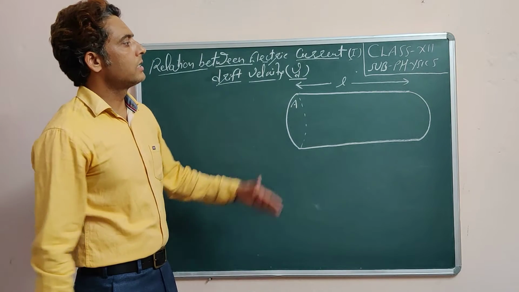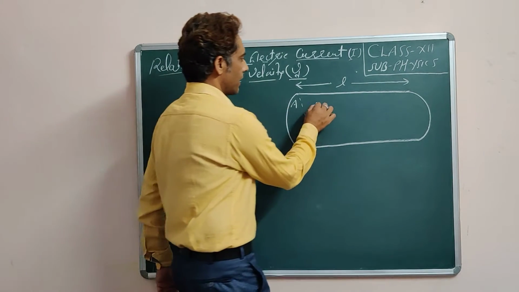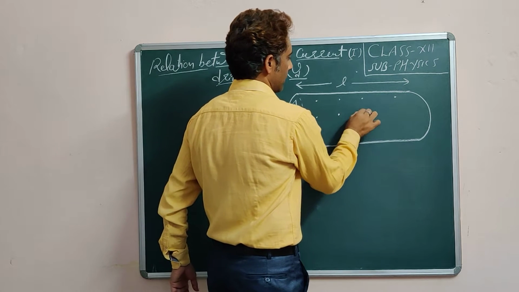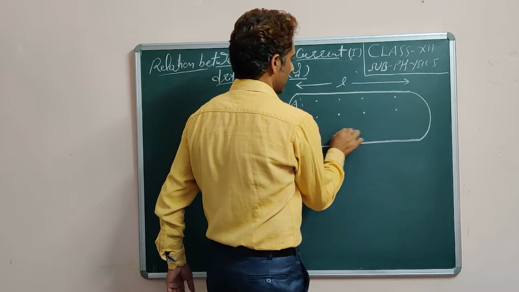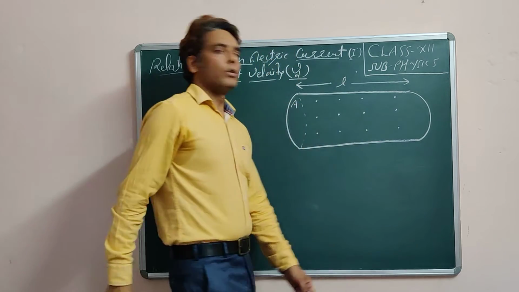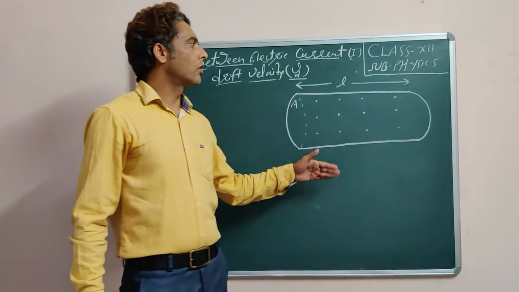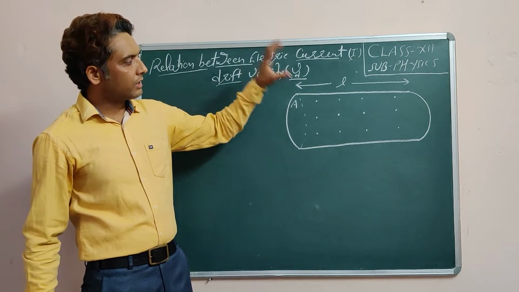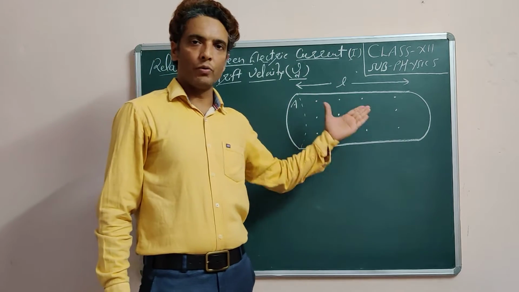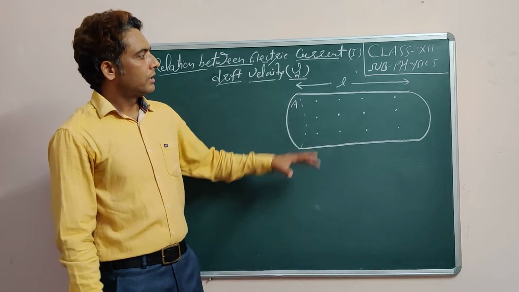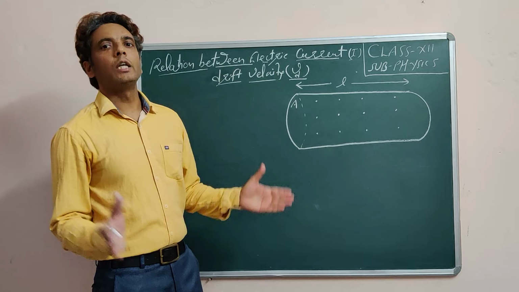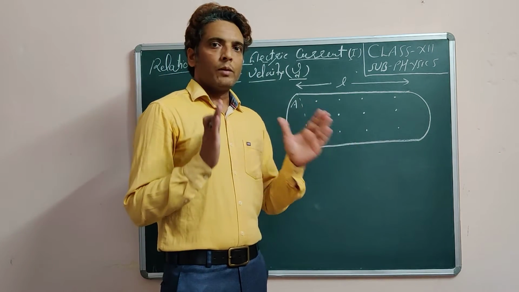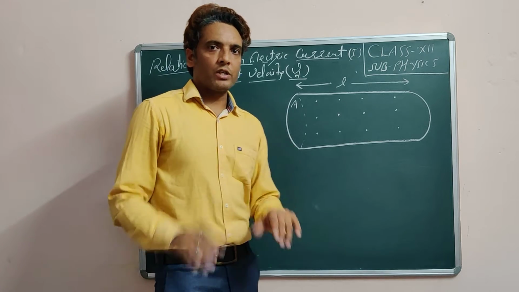Since this conductor is of metal, it has a large number of electrons, and we have studied that although these electrons are not at rest, in the absence of an electric field the current flowing through the conductor is zero, because their motion is random. They are in motion due to temperature, but their motion doesn't have any fixed direction.